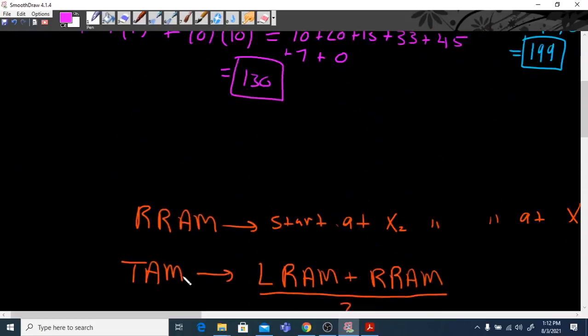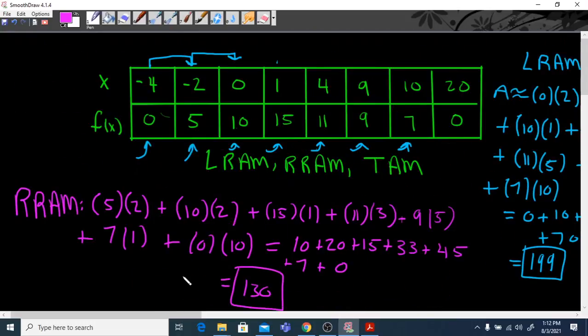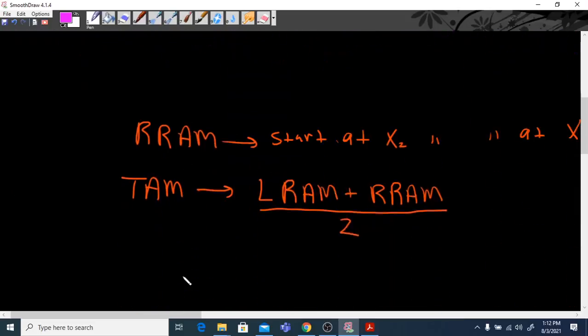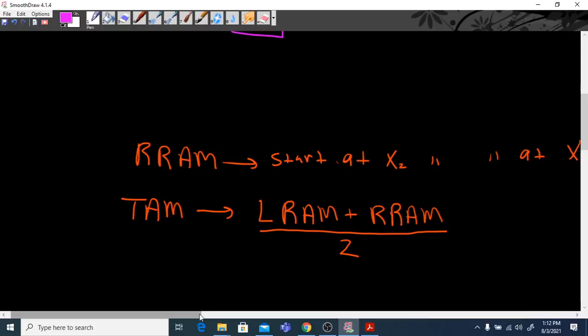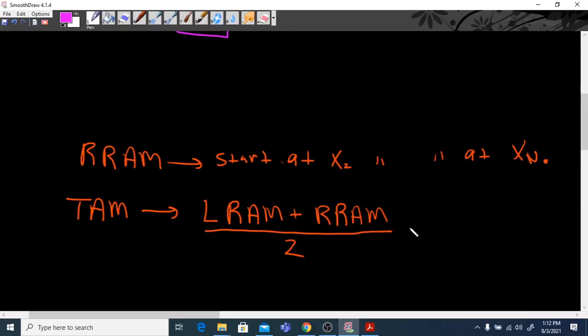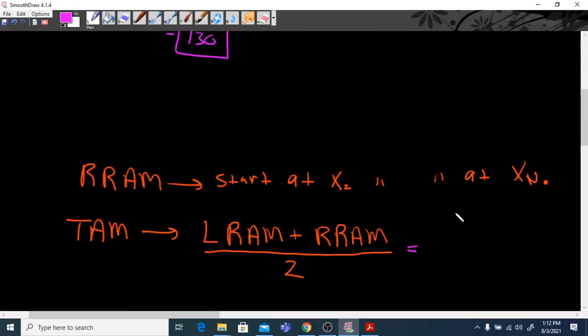Okay, awesome. Now the trapezoid. If you're sure that you got everything right, then you can literally just plug it in here to get the trapezoid approximation method. So 130 plus 199, all of that divided by 2. What's that going to be?